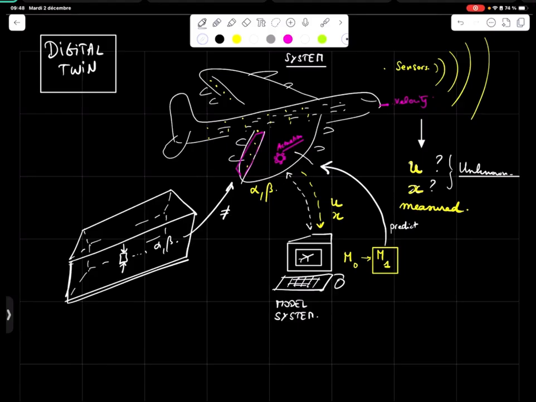And the success of that obviously relies on what? Well, that prediction that is here, that guy should be fast. Impossible if you need to make a prediction that takes 1 week, because the airplane is already landed and whatever you wanted to do on that airplane is now useless.